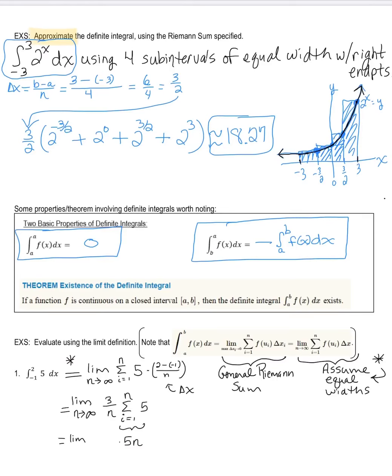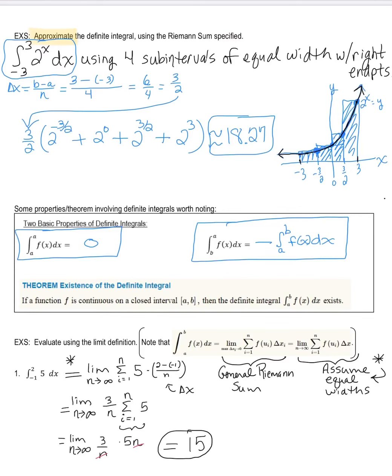So we have the limit as n goes to infinity of 3 over n times 5n. And so, of course, n over n becomes a factor of 1. And then as n goes to infinity, if we have a constant, that's just going to equal that constant. So 15. That's what we end up with here.